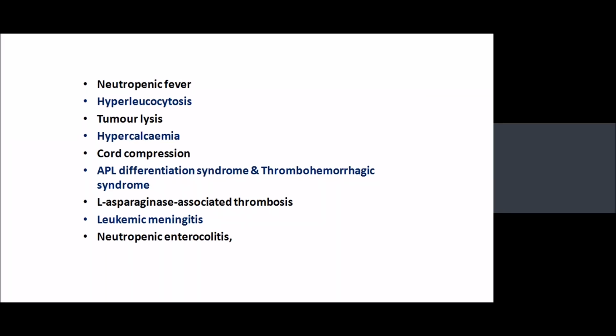Right? You know about antithrombin 3? Okay, so asparaginase can give rise to antithrombin deficiency. Then, of course, leukemic meningitis, so meningeal deposits or CNS deposits of any hematological malignancy. It can be acute or it can be chronic, right? And then neutropenic enterocolitis, and so on.